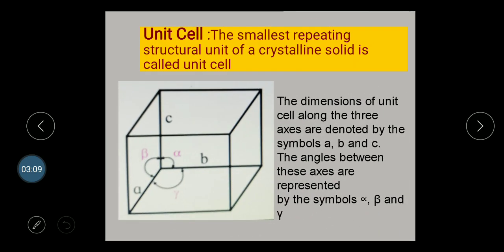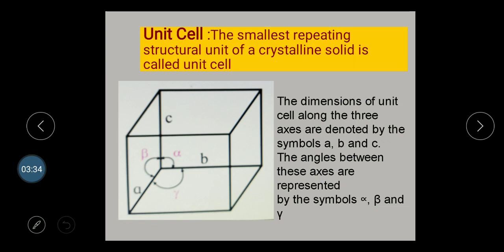For the unit cell also, before directly going to the definition, again I will explain in the easiest way. Let's say I have a huge box with me. In that huge box, I will take some nice small boxes of identical shape, and I will fill that huge box with those small boxes.